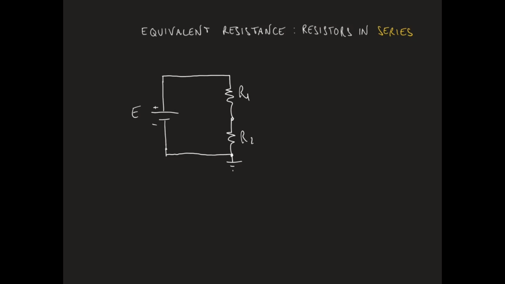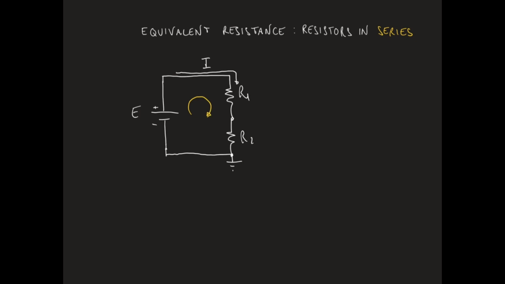Note that the battery and the two resistors are in a series connection, so this means that the same current I will flow through the resistors and will come out from the positive terminal of the battery. Let us now define a conventional direction of travel in the loop.